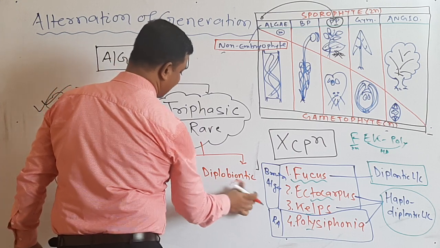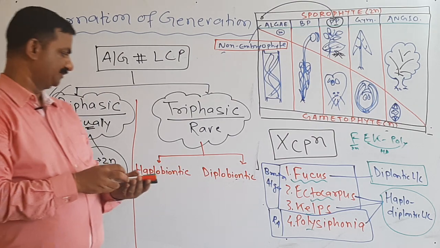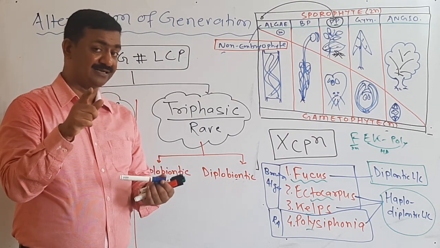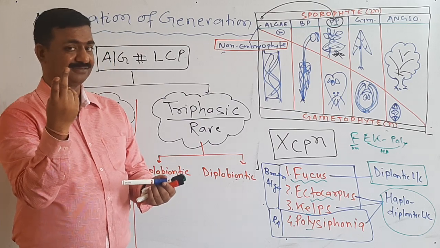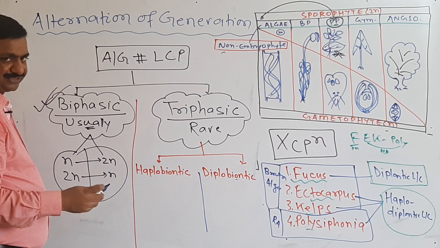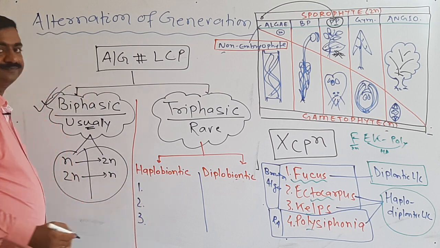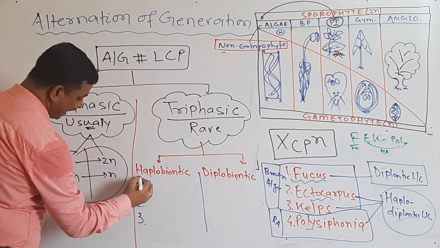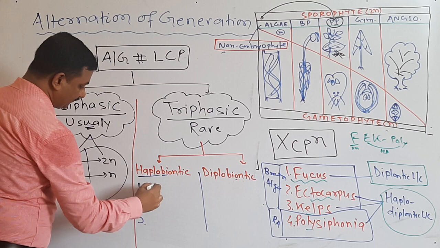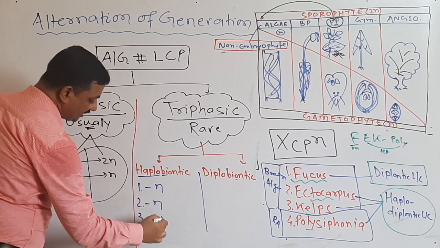By name it is very clear: there will be three phases. First phase, second phase, third phase. In haplobiontic, bi means two times, so the first phase is haploid n, the second phase is haploid, but the third phase is 2n, diploid.